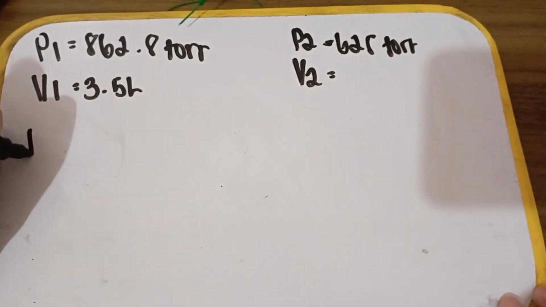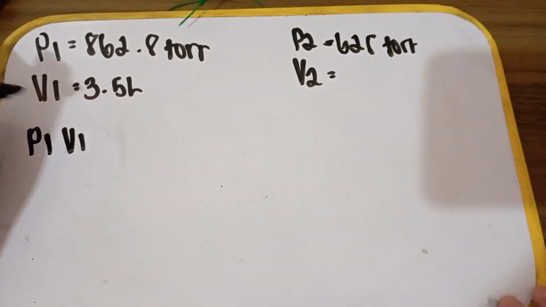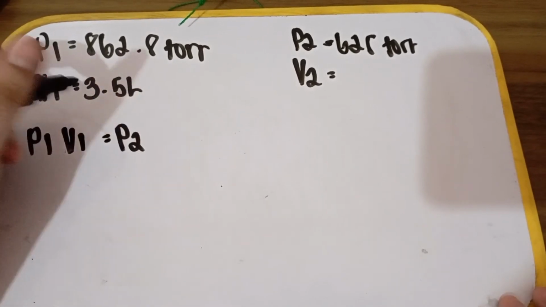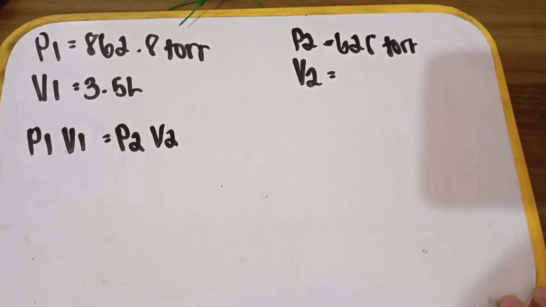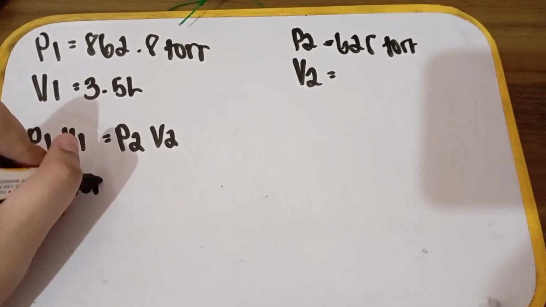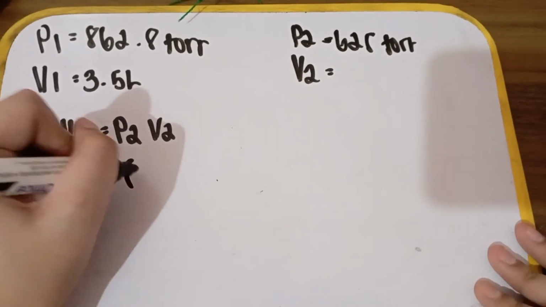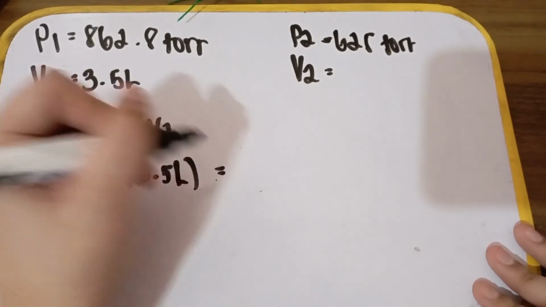Now we can move to our next step, and we can use the formula, which is P1V1 equals P2V2. Our P1 is 862.8 torr. Our V1 is 3.5 liters.